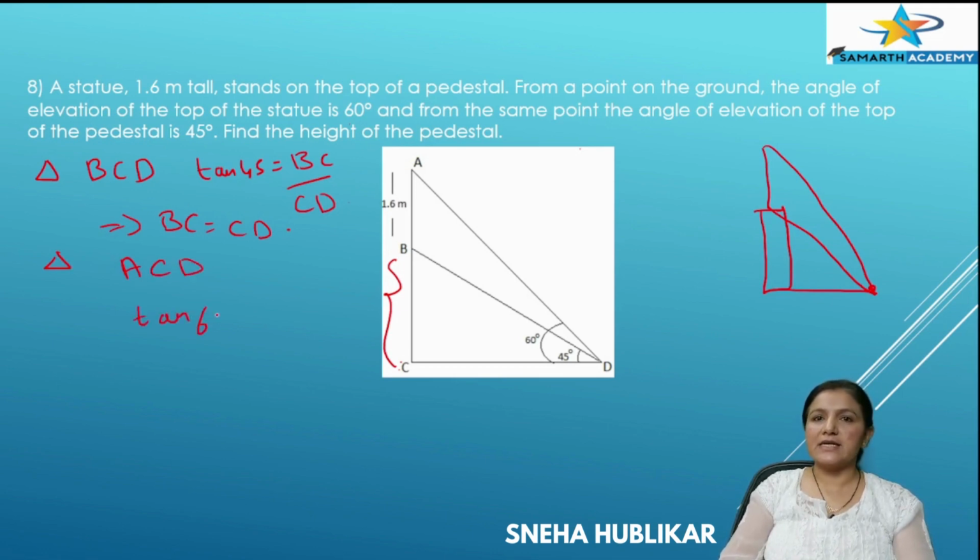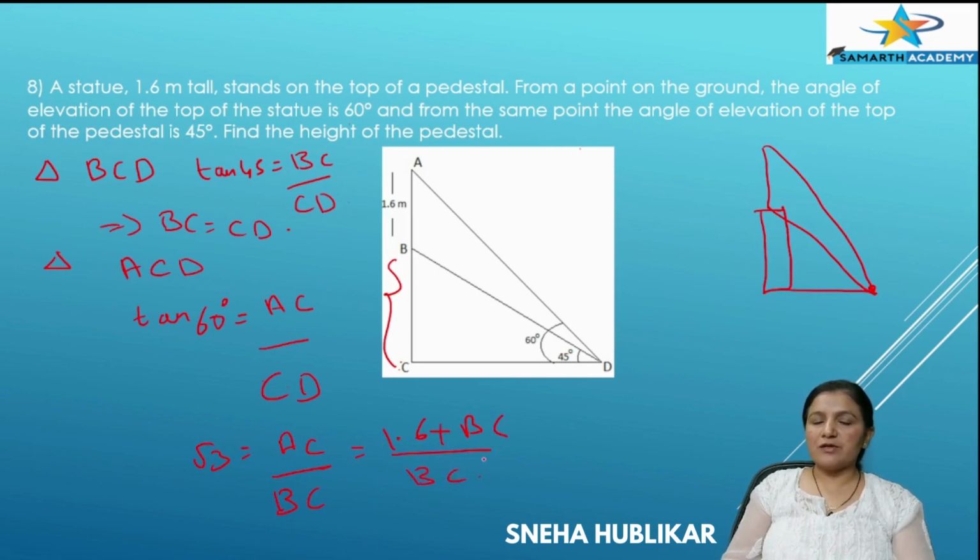Tan 60 is equal to AC by CD. See, we need to find BC. What we will do, we'll replace CD by BC. So what do we have? Tan 60 is root 3 is equal to AC by BC. What is AC? AC is 1.6 plus BC, by BC.